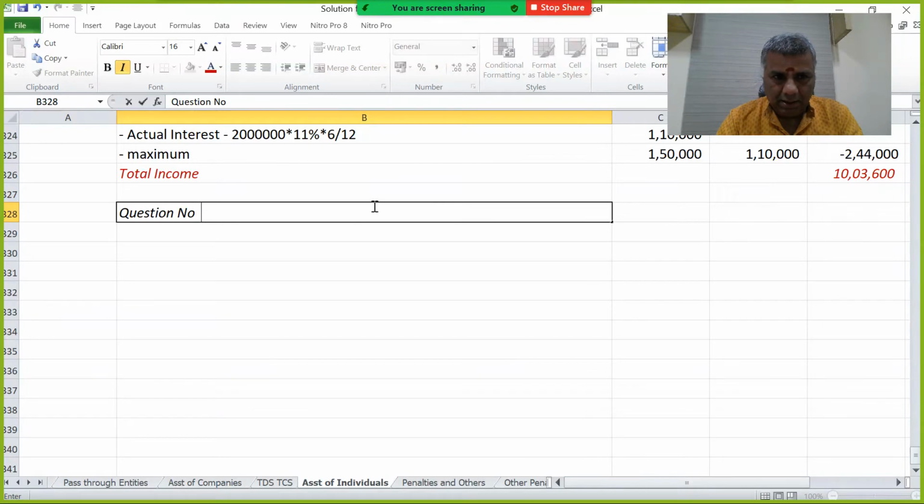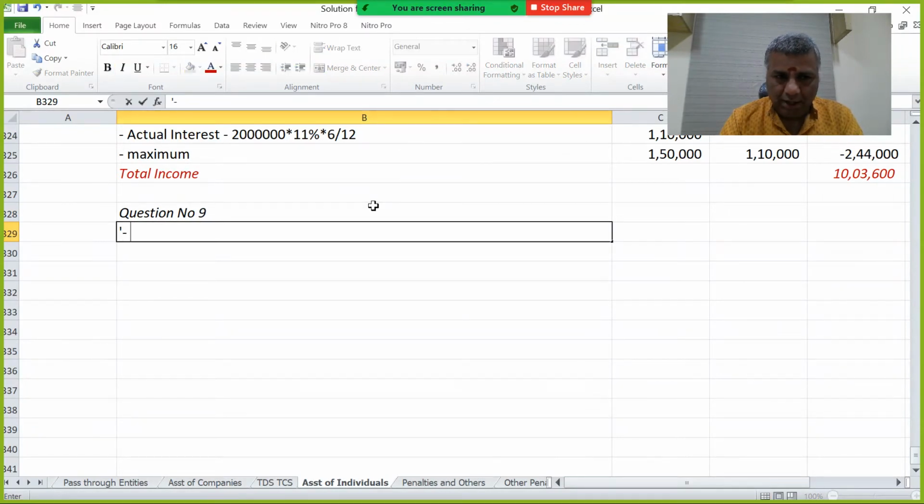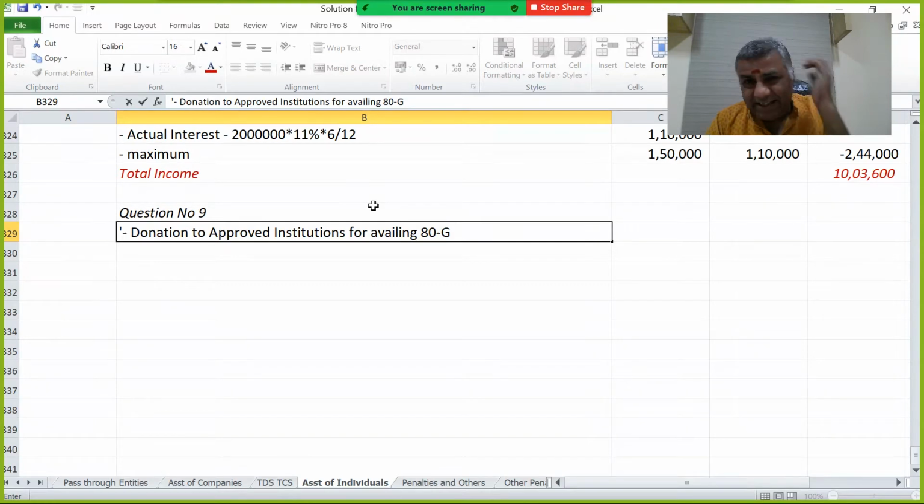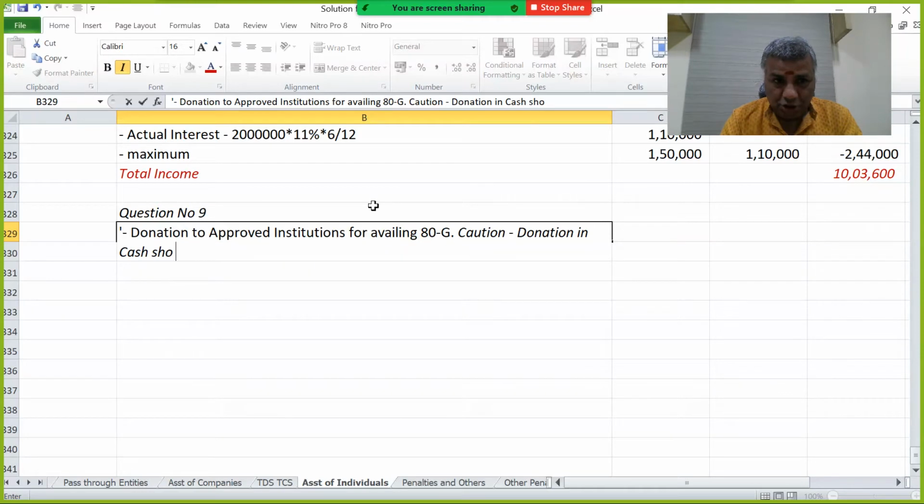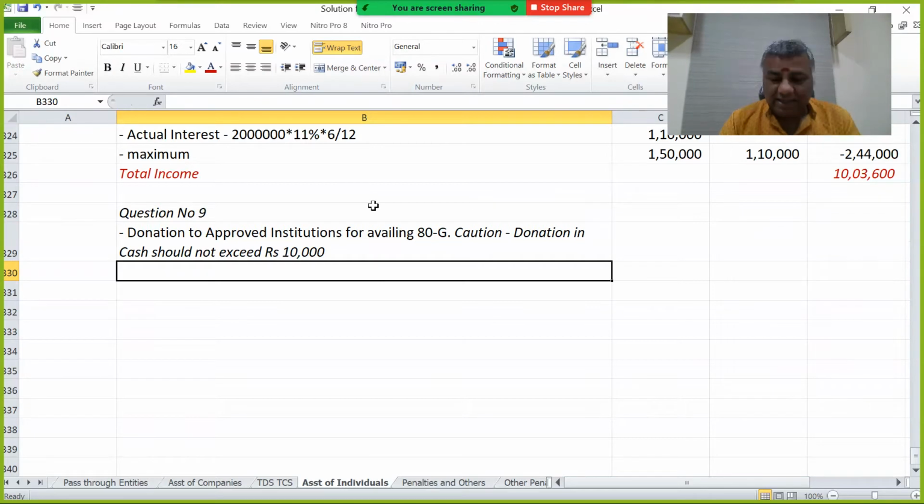Donation to approved institutions for availing 80G: Prime Minister National Relief Fund, PM CARES Fund, etc. Caution: donation in cash should not exceed rupees 10,000 in the section. Donation in cash should not exceed 10,000.